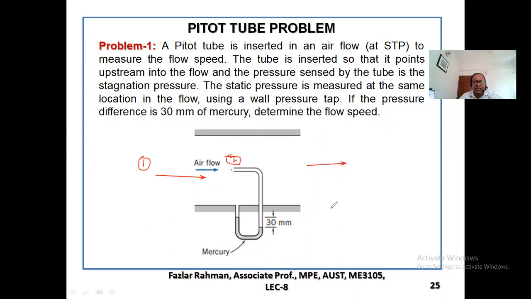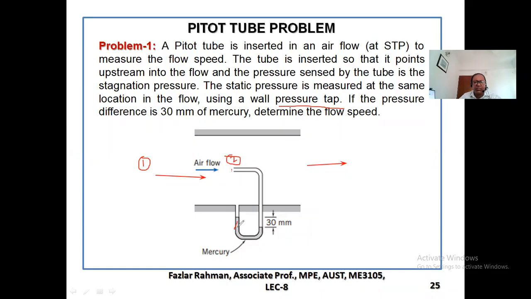the fluid is passing through a channel, and there is a static tab over here. That's an opening hole, a pressure tab. And there is a heated tube, and with the heated tube and the static tab, there is a manometer tube.